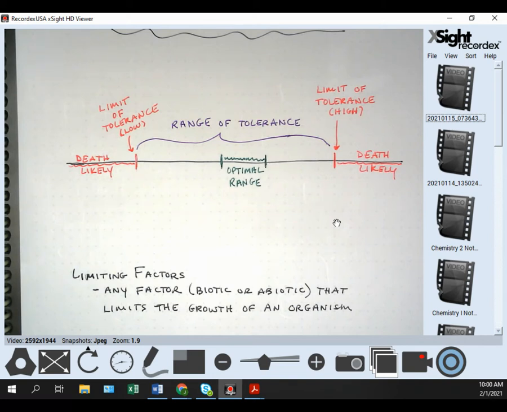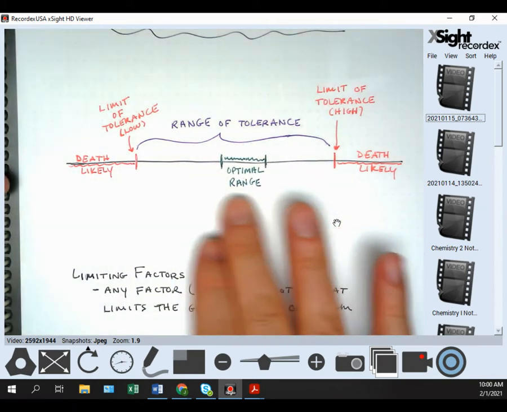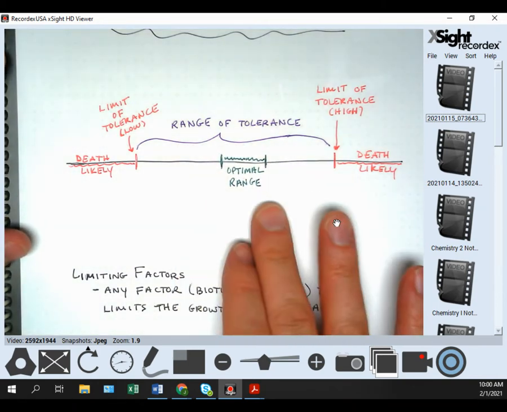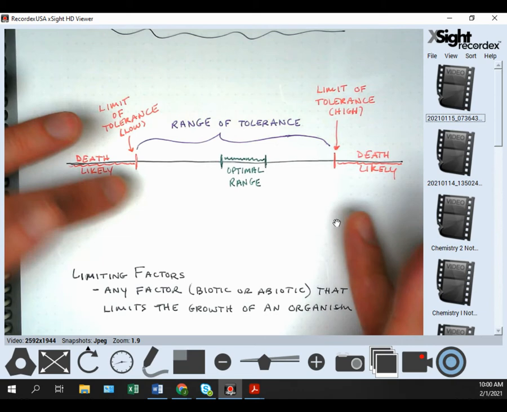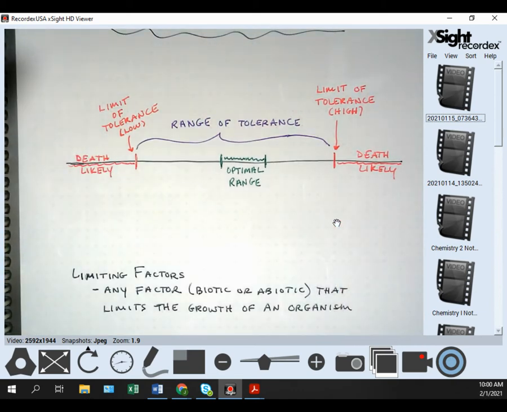You've got things you have to monitor for your fish tank, like water temperature, pH level, stuff like that. And you want to keep it in a certain range that's best for it to survive and grow. That would be another example of an optimal range, and then you also have a range where you're likely to kill the fish if it gets outside of that. Okay?